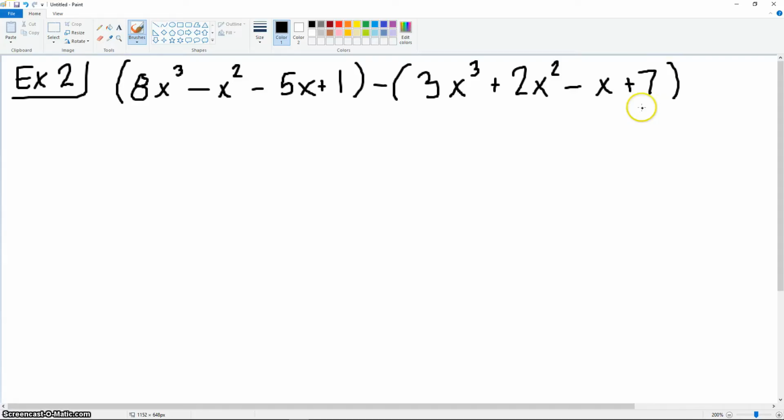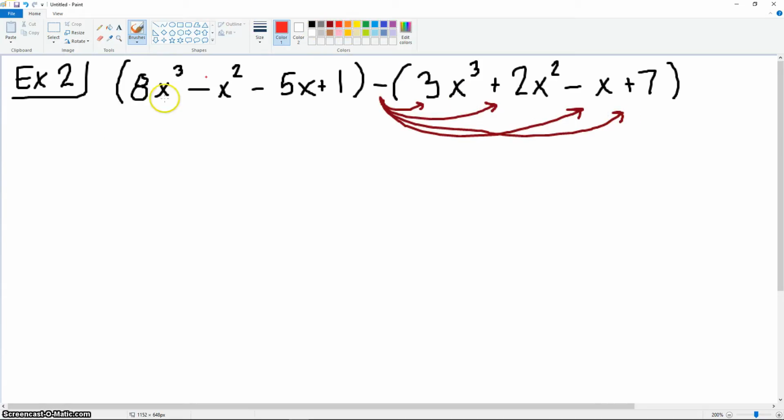Okay, the first thing that I want to do is distribute this minus sign to everything after it. That's the first thing you want to do, distribution.